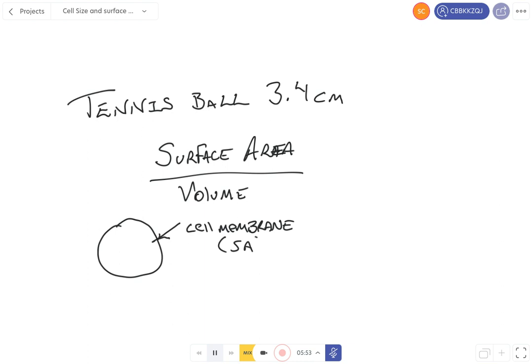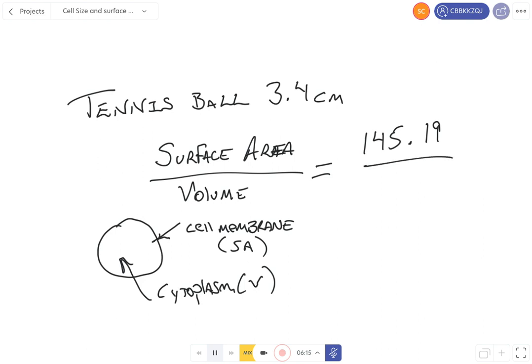The volume is going to be the cytoplasm. And so nutrients and wastes have to be able to move through the cell membrane to get in and out, but the cytoplasm is where all the work gets done. So we want a really big surface area and a really little volume.